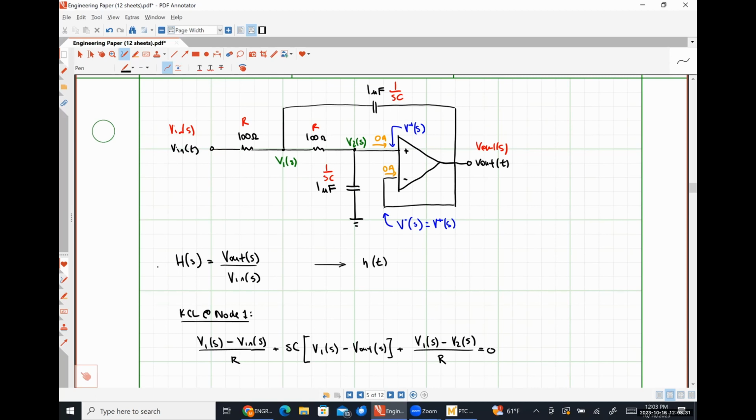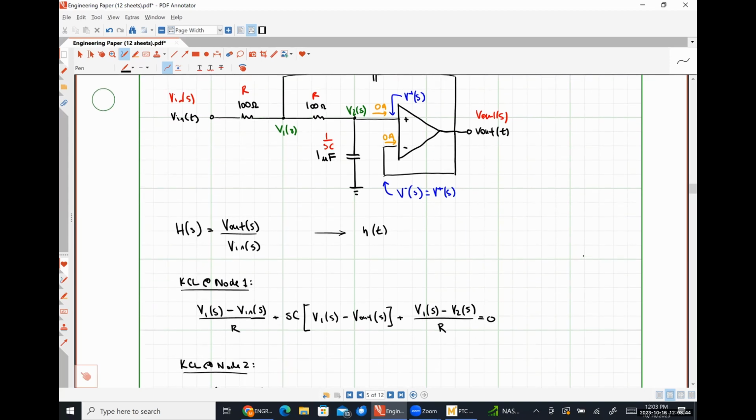Exactly right. We're saying that V2 is equal to V out, which actually simplifies this thing significantly. So we don't need another equation. We've got it down to the number of variables that we need. So everywhere we have V2, just replace it with V out.